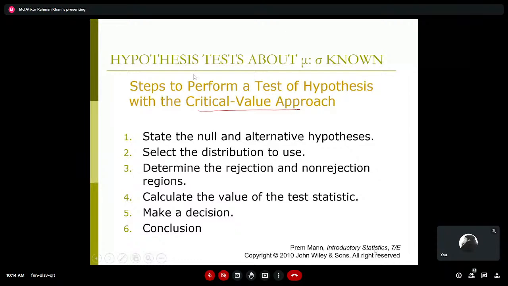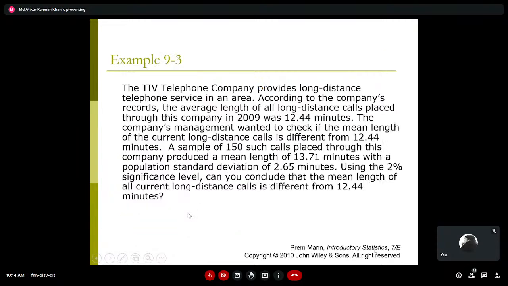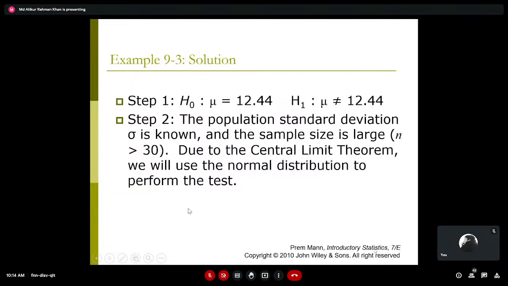Same procedure: at first you have to state the null and alternative hypothesis, then we select the distribution to use, then we determine the rejection and non-rejection region. I would prefer to put the calculation of the test statistic in 3, then 3 plus 4 by the rejection region, 5, 6, then 7. Okay, let's follow the same procedure.